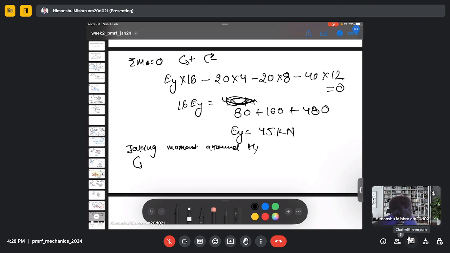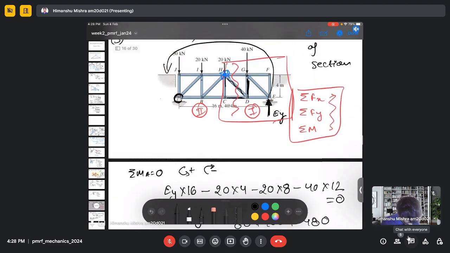So it will be the summation of moment at H equals 0, and the moment will come, and we need to assign the direction of forces as well. And my direction of forces, let's say this.